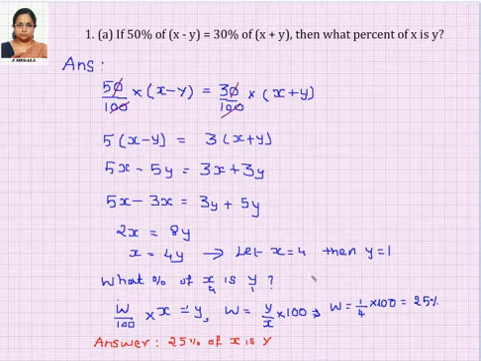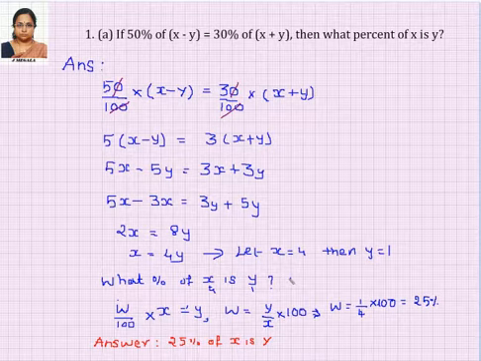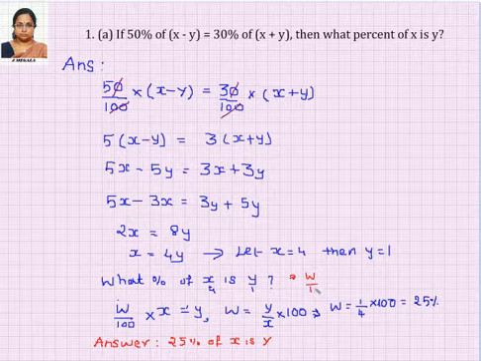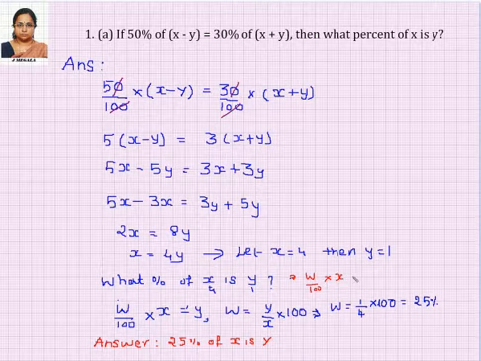What percentage of x is y? So what do you have to do here? When I say what percentage, you have to replace "what" with something. Okay, x is already given, so we'll keep some other letter, W. Percentage is divided by 100. Of is multiplication. x is nothing but equal to y.